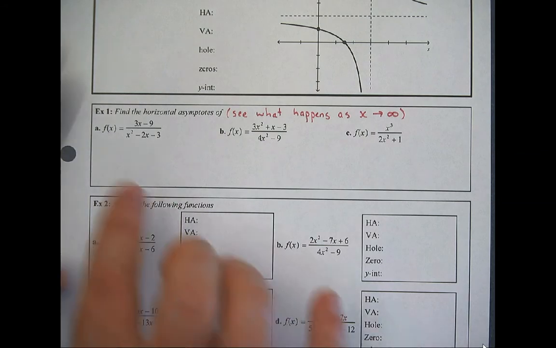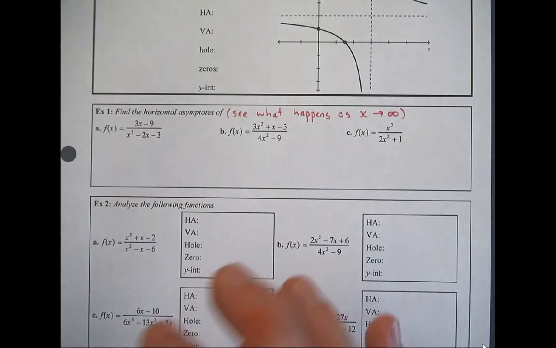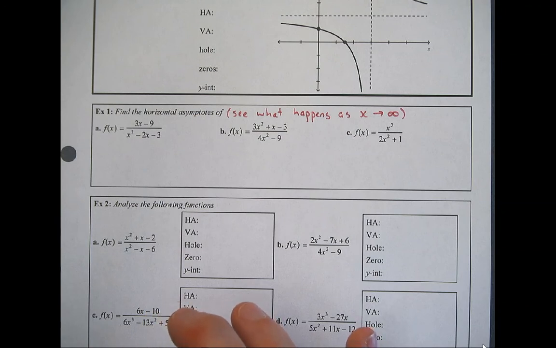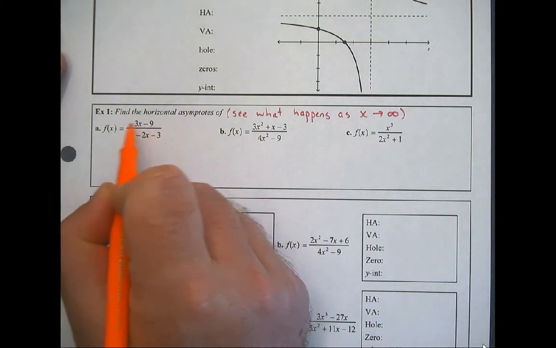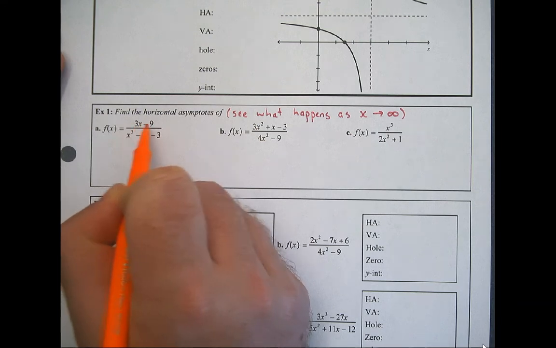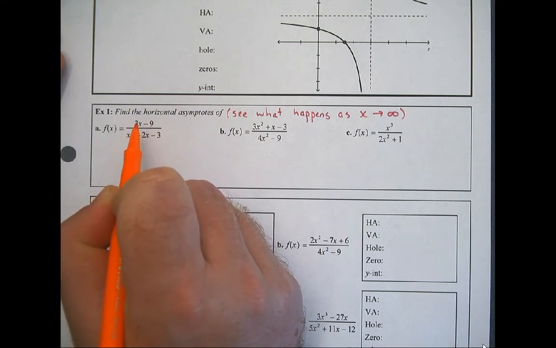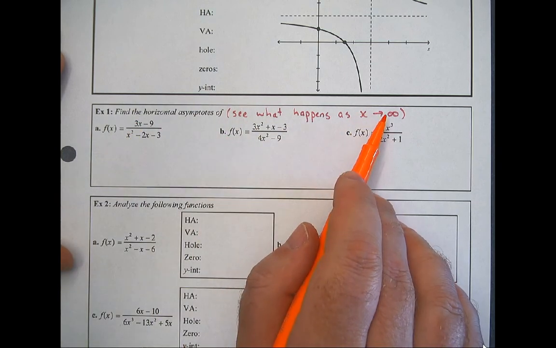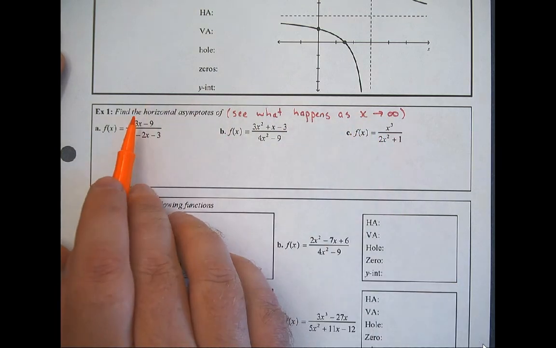So I want to look at this function, and I want to focus on the pieces that are most important. If you remember when we did end behavior back in 2.2, this numerator gets dominated by the first term. Think about it in terms of, remember, we're picking x's that are close to infinity. I like to think about it in terms of money.